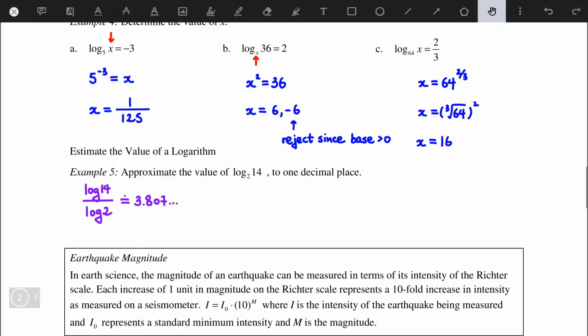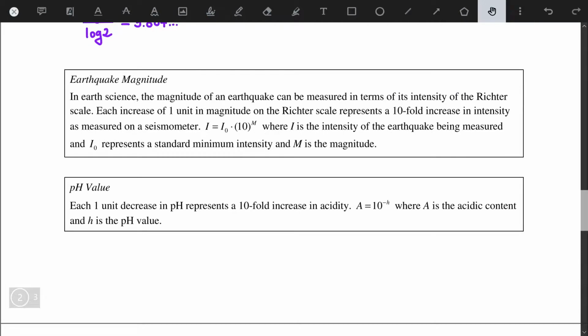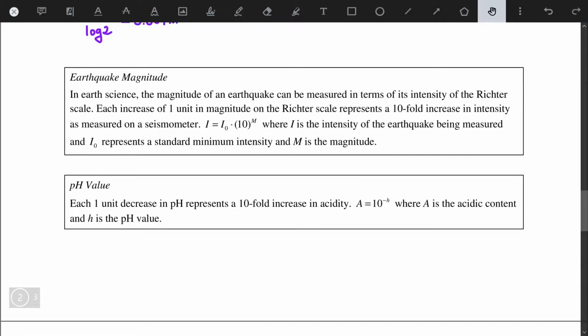Now, the reason why logarithms are useful is because a few of the scales that we use in real life are actually logarithmic scales, where the increase in magnitude is exponential.